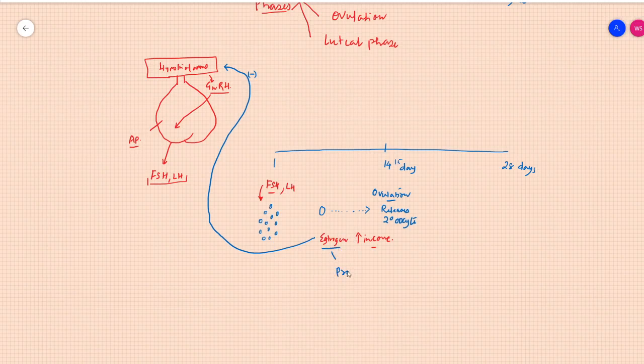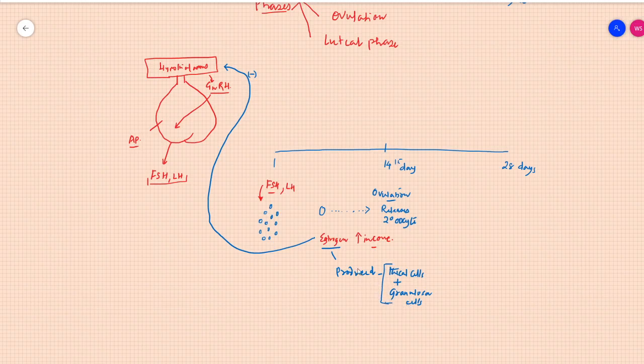It is produced by the thecal cells in conjunction with the granulosa cells. We said theca cells produce the steroids, which are converted by the granulosa cells into estrogen.